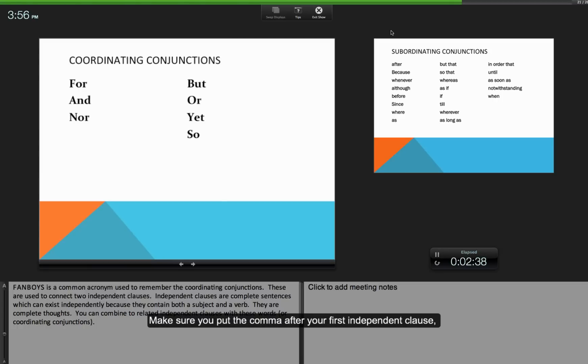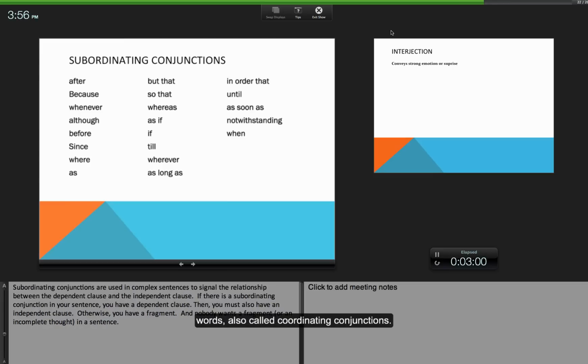Make sure you put the comma after your first independent clause so that you have a space or a pause between them. Independent clauses are complete sentences which can exist independently because they contain both a subject and a verb. They are complete thoughts. You can combine two related independent clauses with these words, also called coordinating conjunctions.